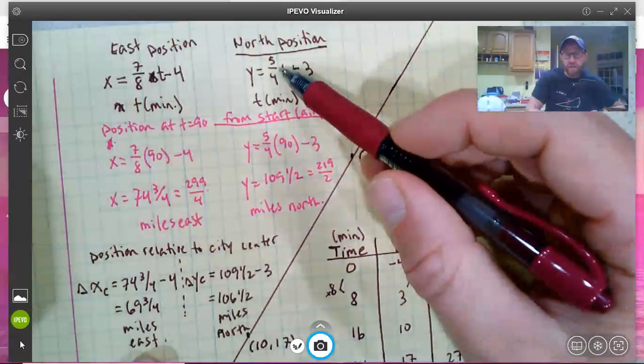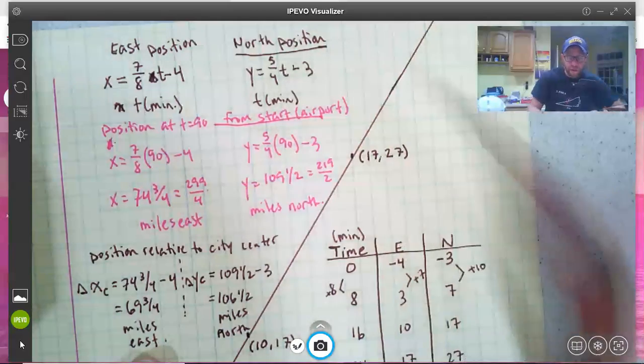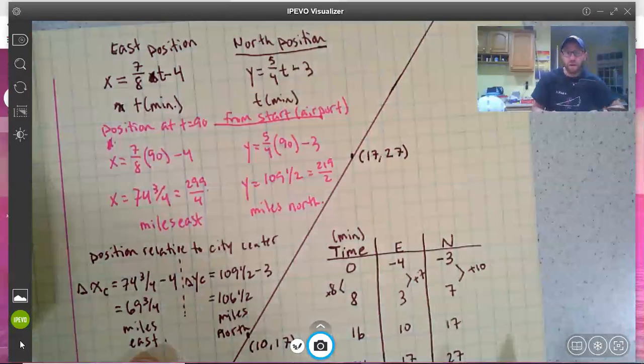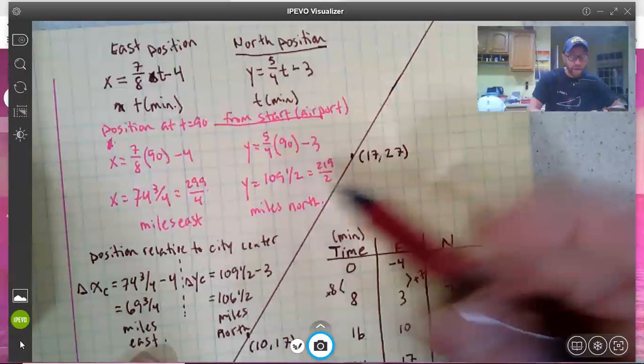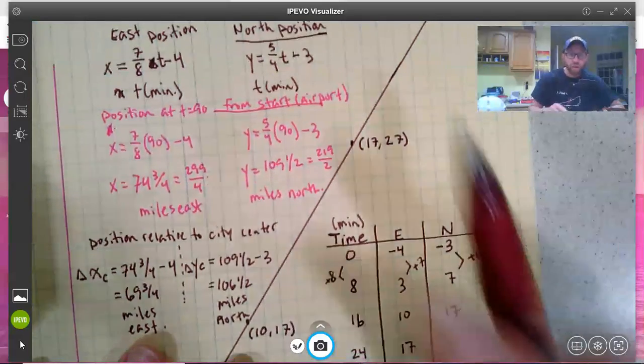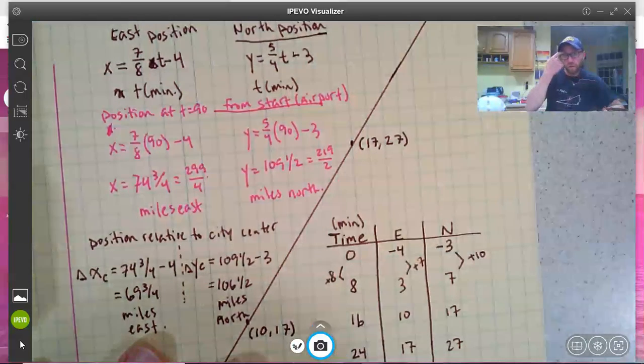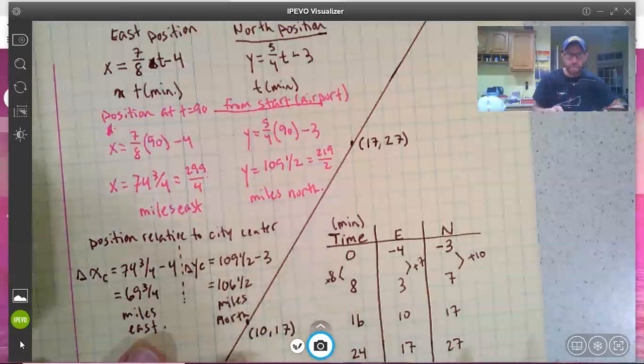So it was 10/8, which we reduced to 5/4. Okay, 5/4 t, and then -3 to adjust for the initial position. And then we just plug in our 90 minutes into those two rules, and we output an east and north position for the airplane at that time.